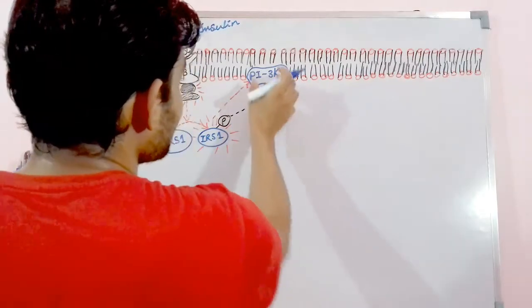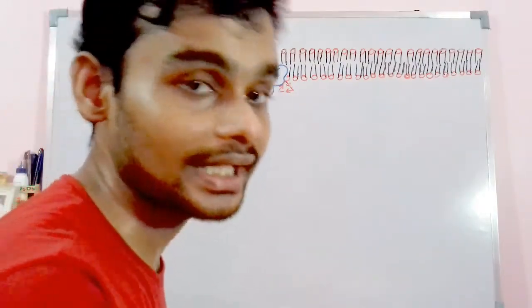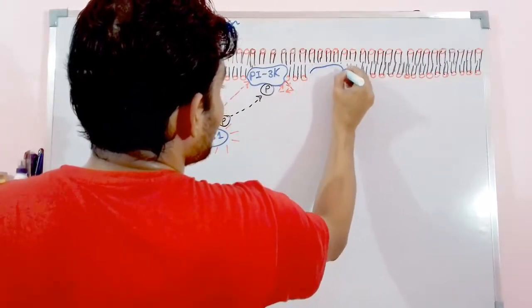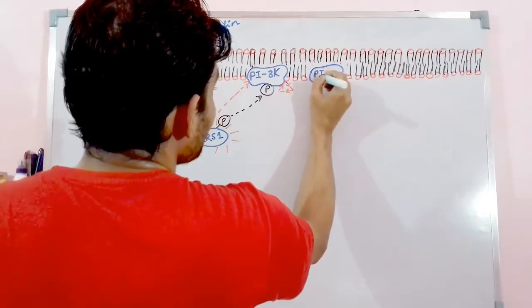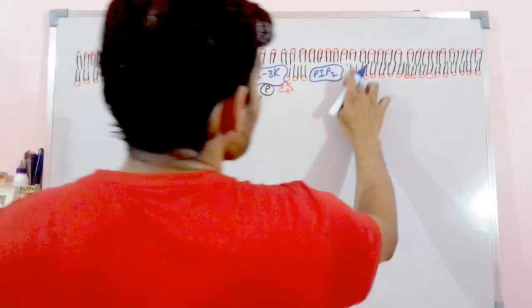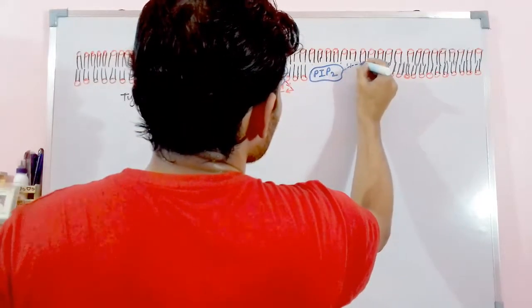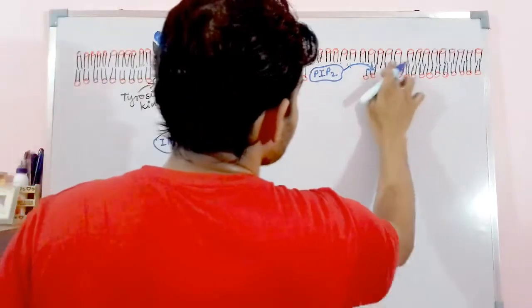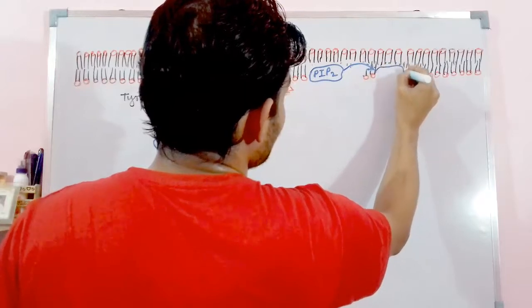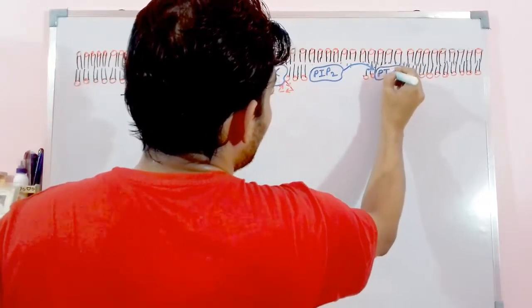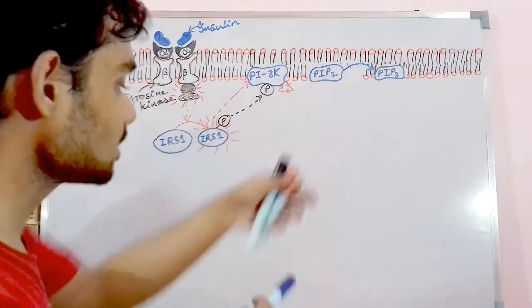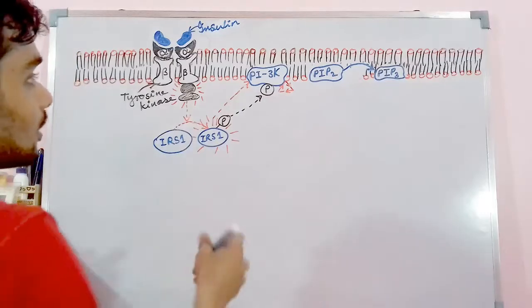Let's see what that molecule is. This activated phosphatidylinositol 3 kinase is an enzyme which would help in phosphorylation of phosphoinositol bisphosphate to phosphoinositol triphosphate.